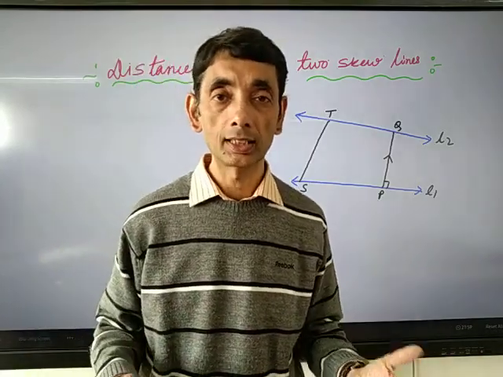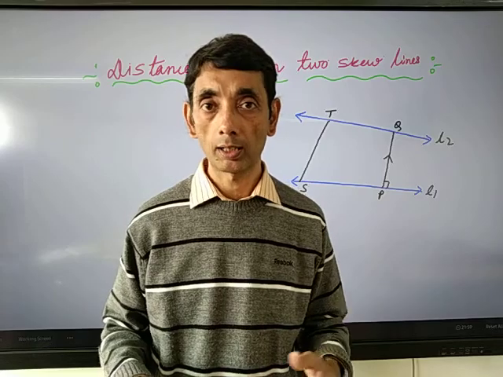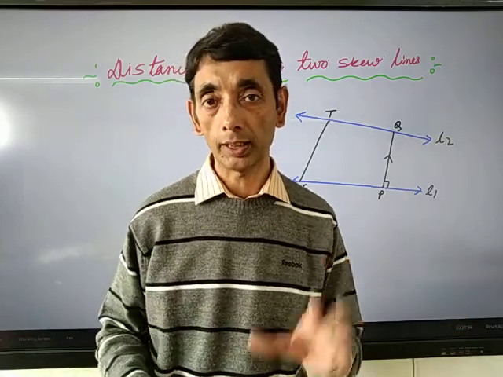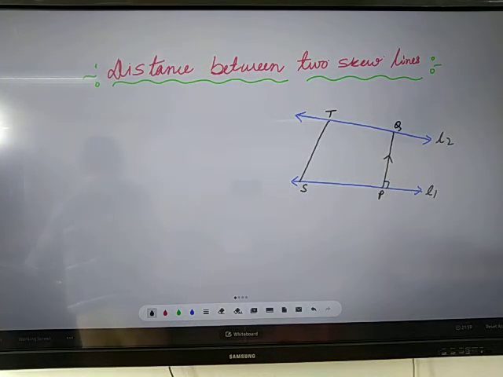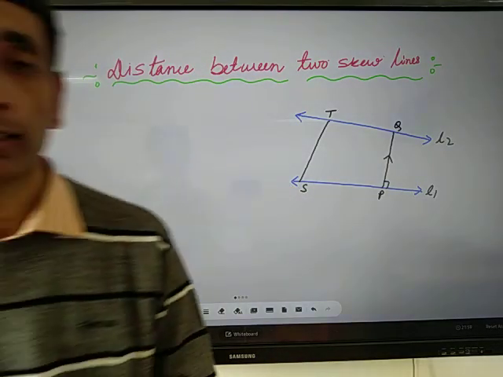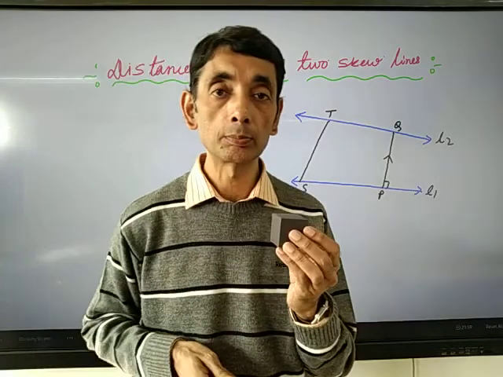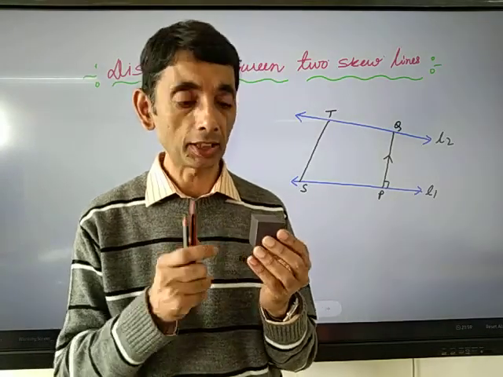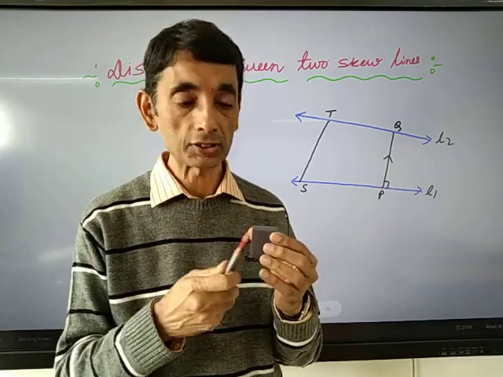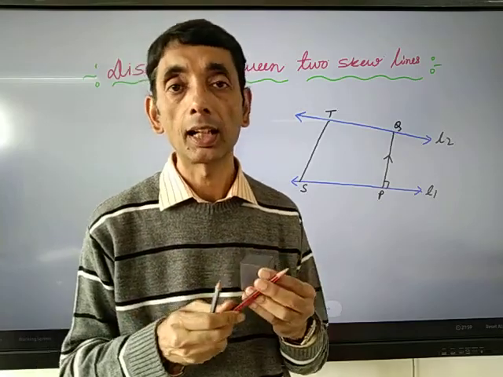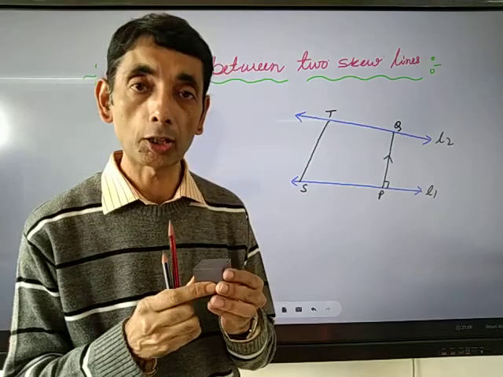Let us consider a small room, a miniature room, and we'll consider two lines and see that these lines are neither intersecting nor parallel.